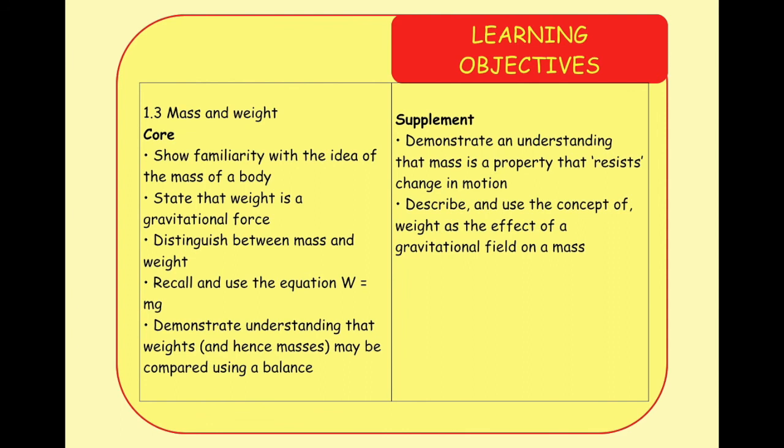So this is for now. In this video, we tried to understand what is mass and what is weight. One more time, mass is the amount of substance. Weight is the amount of substance times gravitational field strength.